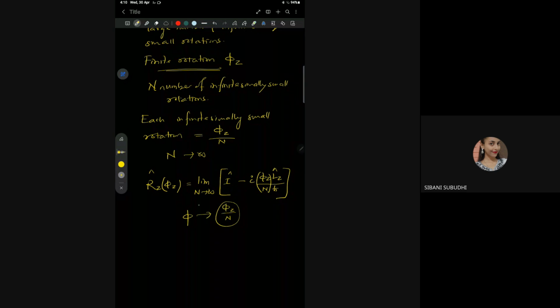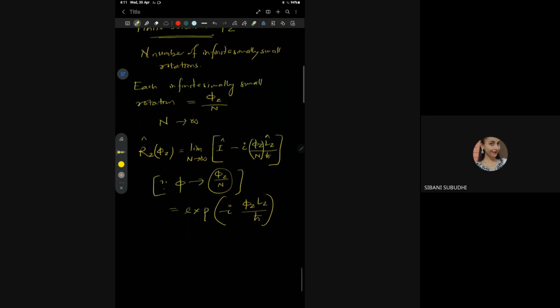And this expression can be written as exponential minus i phi z Lz by h cross.